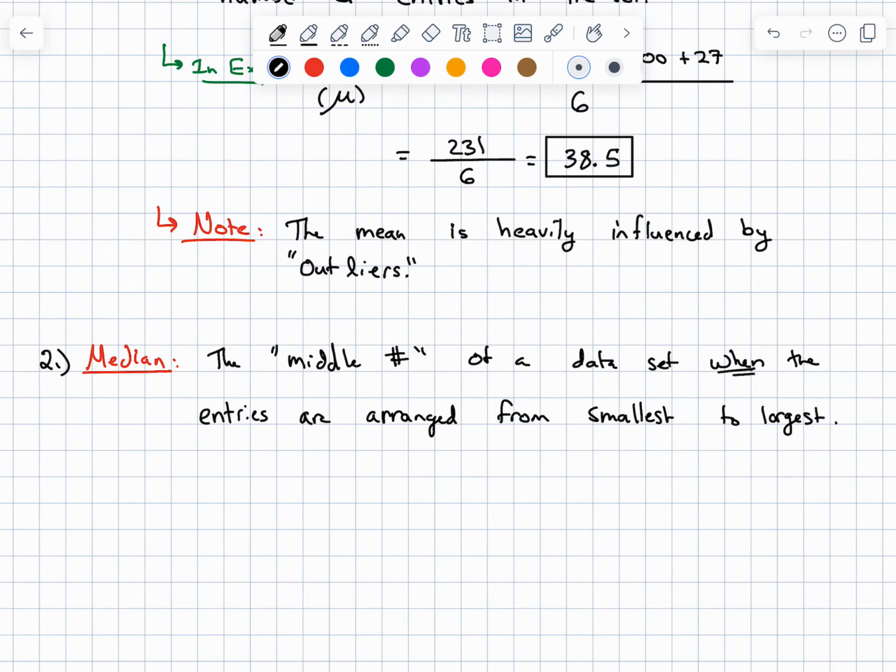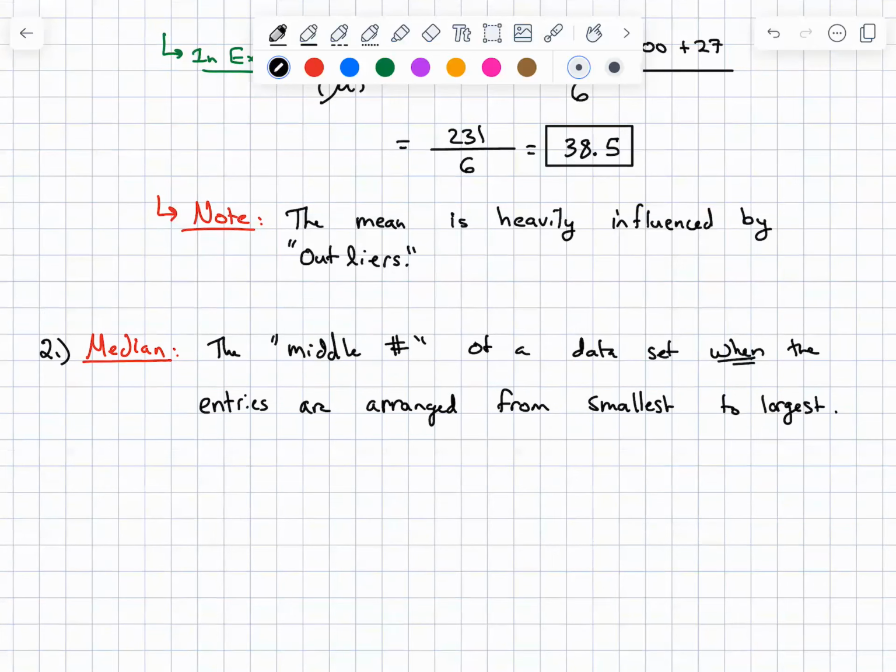If you have an odd number of data values, then there will be a direct middle number that's in the data set. But if you have an even number, then there's an even number on each side and there's nothing in the middle to be the middle number.